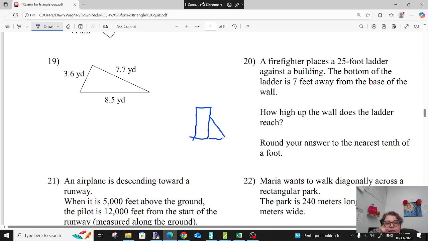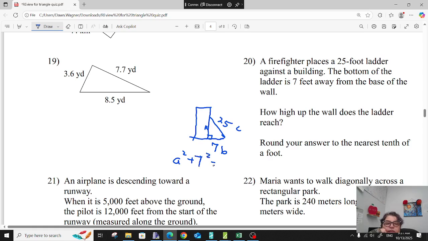You hope that when they created this wall that it's 90 degrees to the ground. This would be your 7. This would be your 25. It's asking how high up the wall does the ladder reach. So this would be what you're looking for right here, right? So this would be like A, B, C.